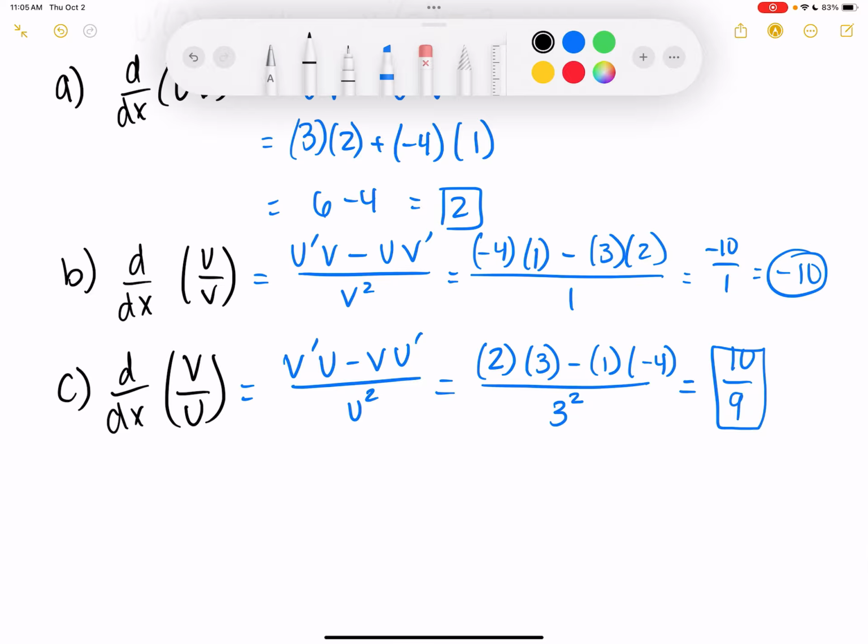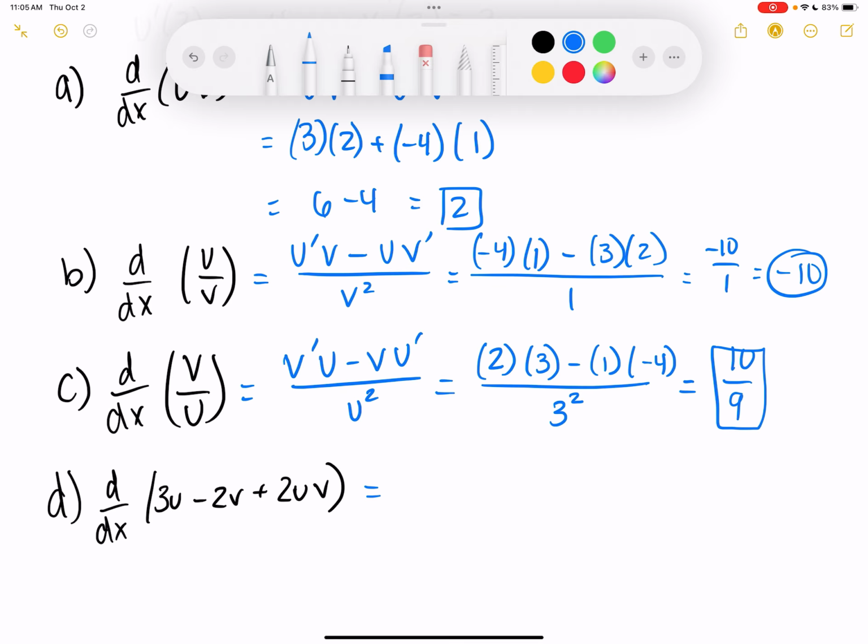And then the last part is d dx of 3u minus 2v plus 2uv. So this one, for the first part here, if it's just being multiplied by a constant, there's no product rule happening or anything like that.